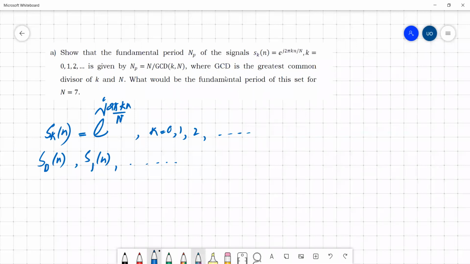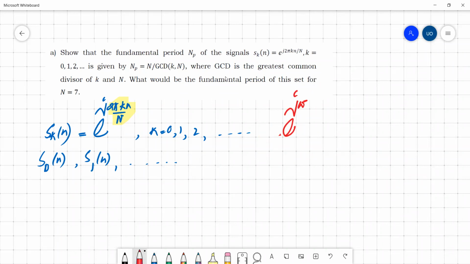By looking at the exponent of this function, we know that if it is a complex function, it should be in the form of e to the power j omega n. So what we can do here is map s_k[n] with this standard complex exponential function.